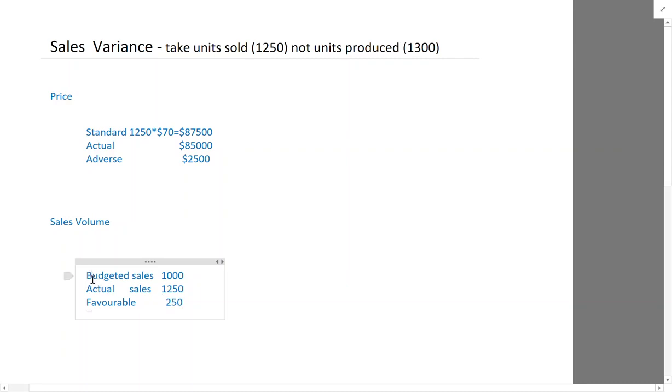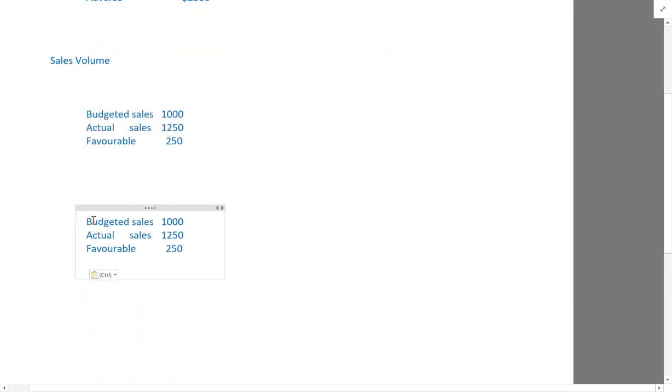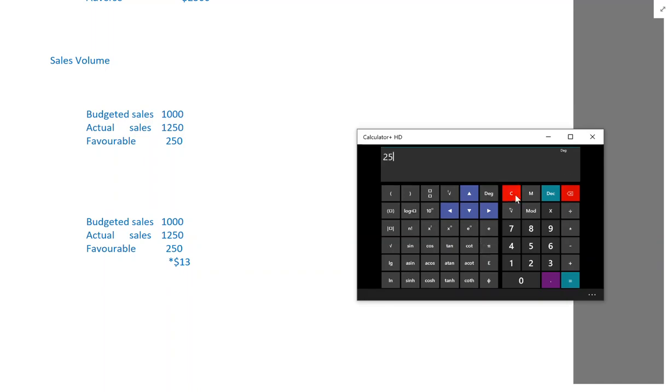Yes. Now, if I take this and I multiply by profit per unit, which is, in this question, how much is it? So multiply by 13. Let's use calculator. 3250.